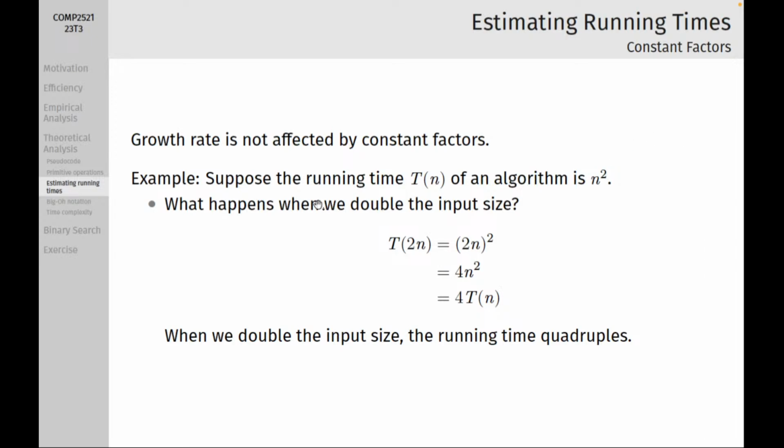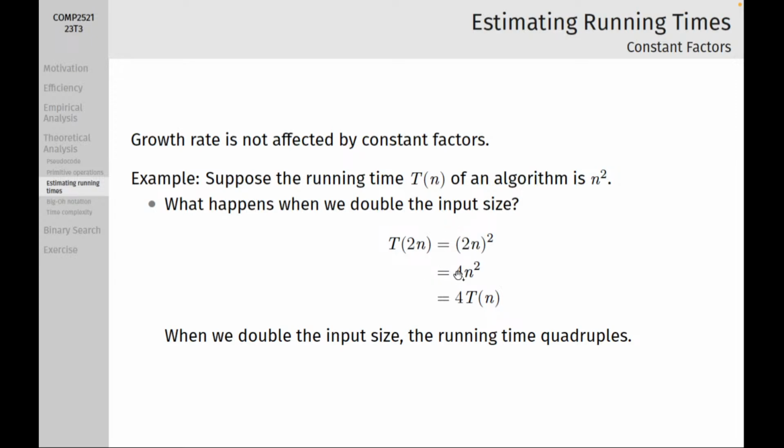When we double the input size, we're trying to find the running time when we give the algorithm 2n items. So we're plugging 2n into this expression, n squared. We get (2n) squared, and what does that equal?